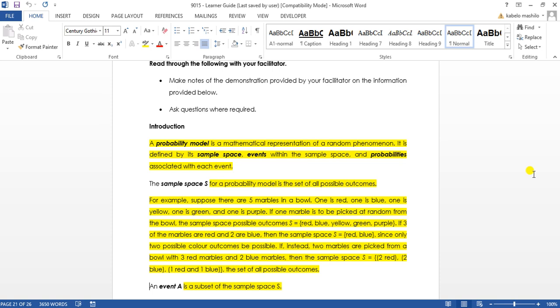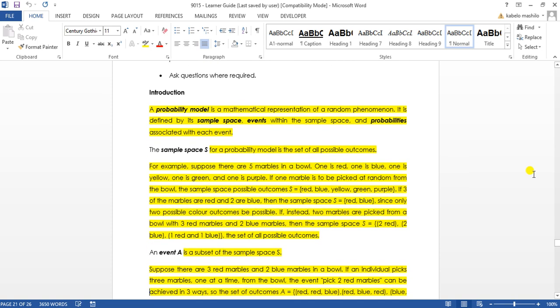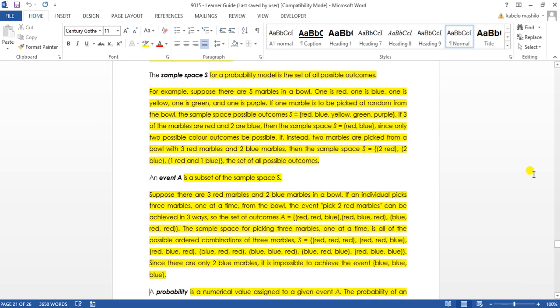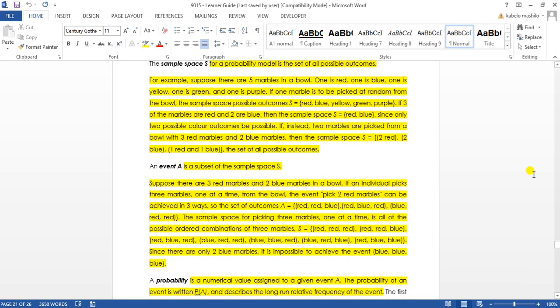An event is a subset of the sample space. Suppose there are 3 red marbles and 2 blue marbles in a bowl. If an individual picks 3 marbles, one at a time, from the bowl, the event pick 2 red marbles can be achieved in 3 ways. So the set of outcomes will be event A: red, red, blue; red, blue, red; and blue, red, red.